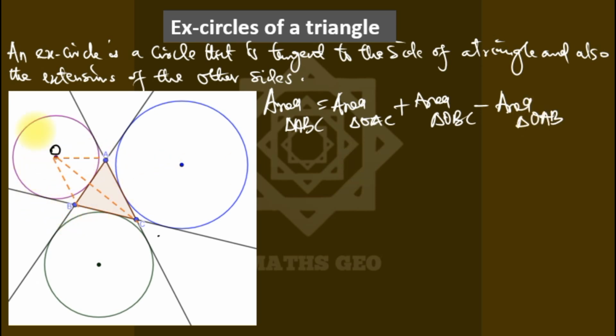So let's introduce extra lines, because we know that area is half base times height. So let's introduce the height of the triangle. I've introduced two extra lines.